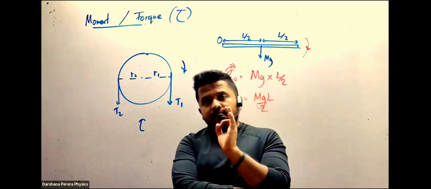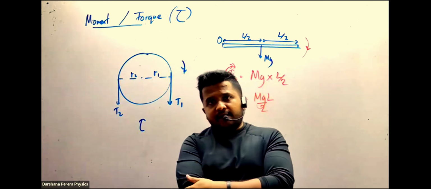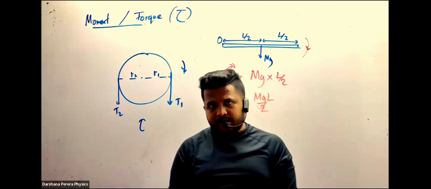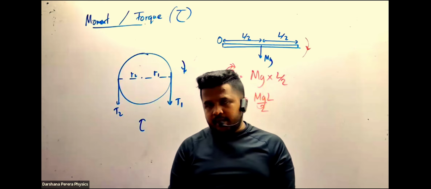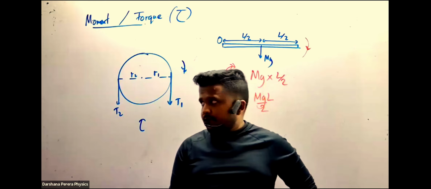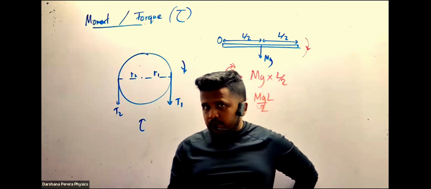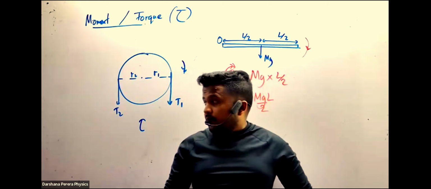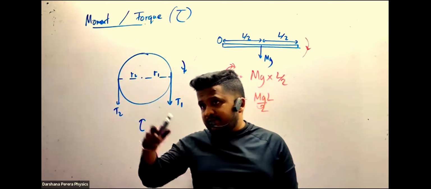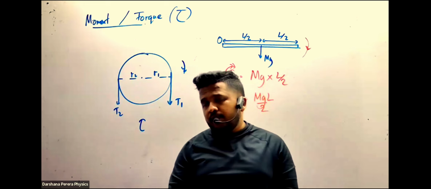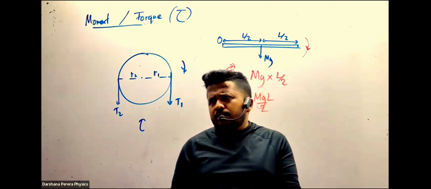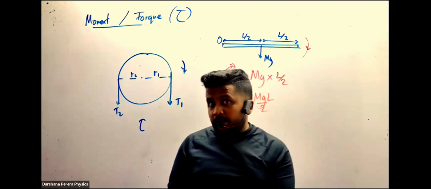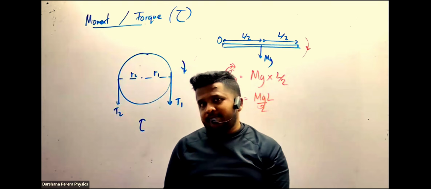Smooth means it has no friction, therefore it is taken as a smooth pulley. When we take the acceleration in Newton's law, we do not consider the rotation of the pulley. But in rotational motion, the pulley is rotating.